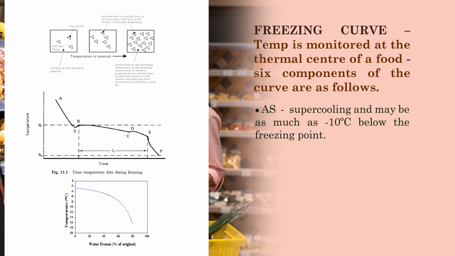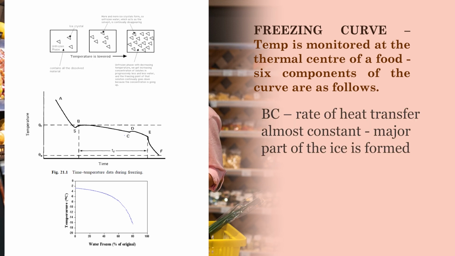Thereafter the main freezing starts, particularly if you see B to C, the rate of heat transfer is almost constant, and a major part of the ice is being formed.